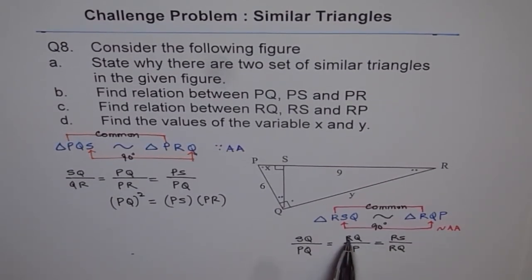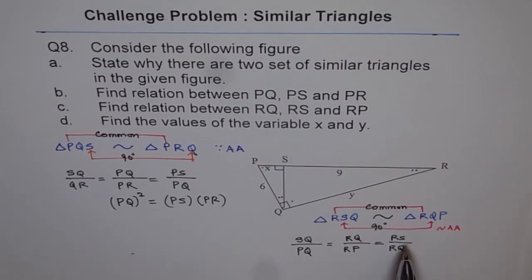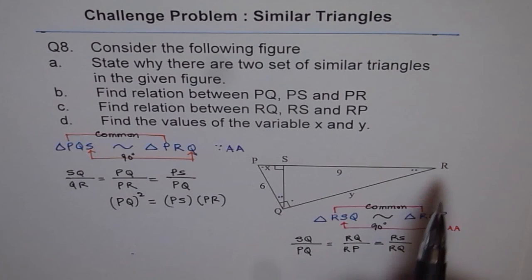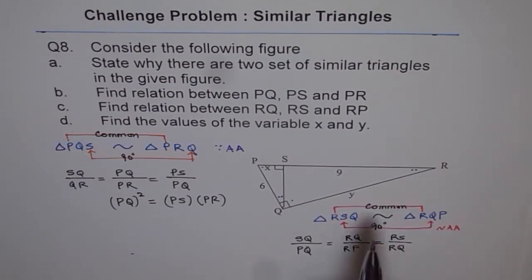If I multiply RQ and RQ, I get RQ square. That is RQ square, the hypotenuse of the small right triangle, is equal to RS times RP. Do you see that? When we cross multiply, RS times RP. So we get a very similar relation. Do you see that? That is how they are related.